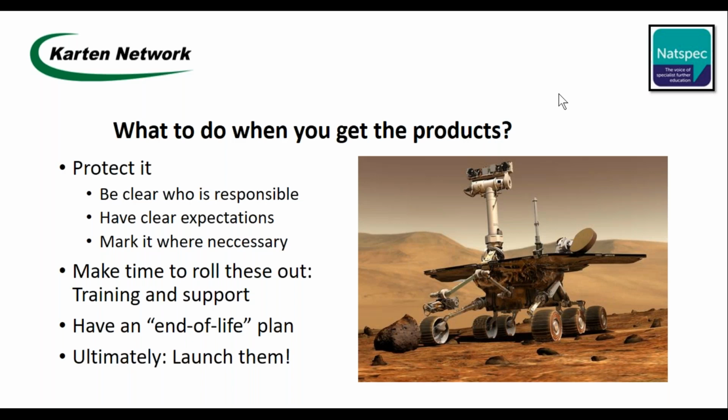So we have to be clear who's responsible. We've got a signing in and signing out system. We've got clear expectations of how long they've got it and how they're going to use it, that they're not just going to give it out to someone else and then it goes missing. And yeah, we've got a very high-tech way of marking them with nail varnish. Different teams have different colors of nail varnish, and we use it that way. So another low-tech solution there.